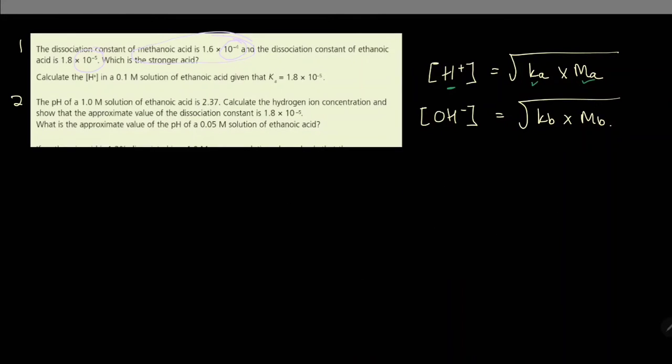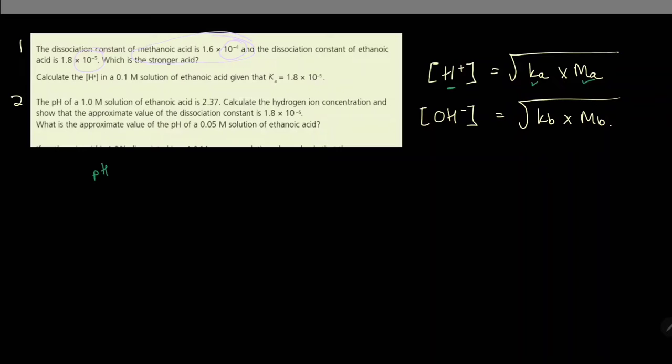Question 2 then. The pH of a 1 molar solution of ethanoic acid is 2.37. Calculate the hydrogen ion concentration and show the approximate value of the dissociation constant is 1.8 by 10 to the minus 5. Okay, so let me just write out what we have.